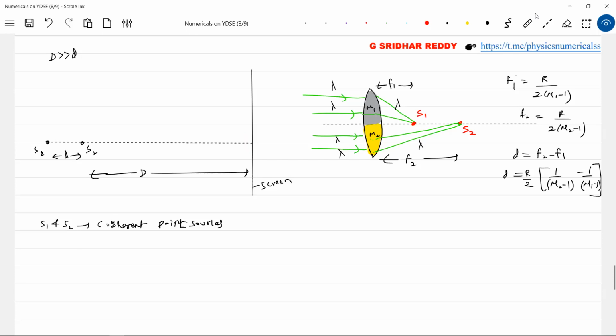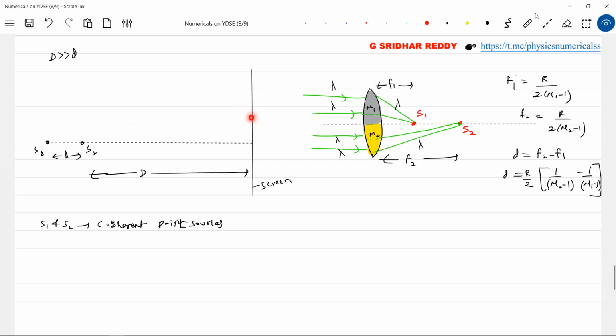Okay, now if this is lambda, then what do you expect here? The maxima. If this is 2 lambda, then also maxima. If this is lambda by 2, what do you expect here? Minima. Got this? Now suppose the rays arriving here have a path difference such that I get maxima here. So can I send rays like this?